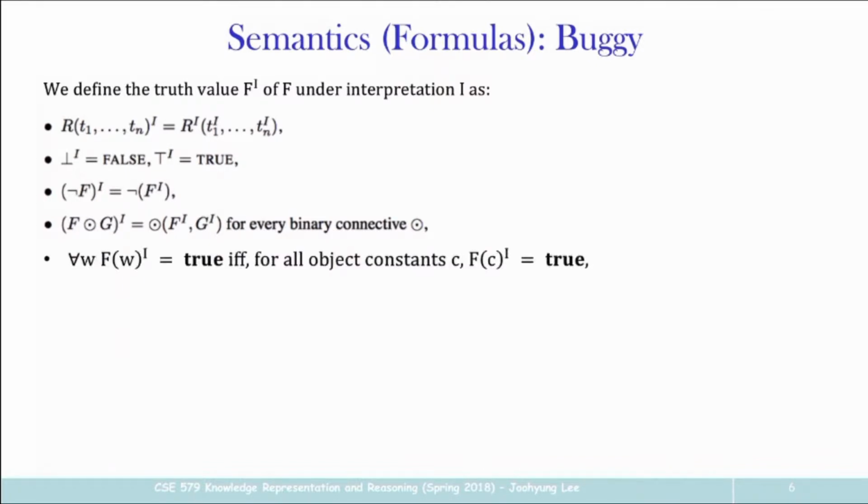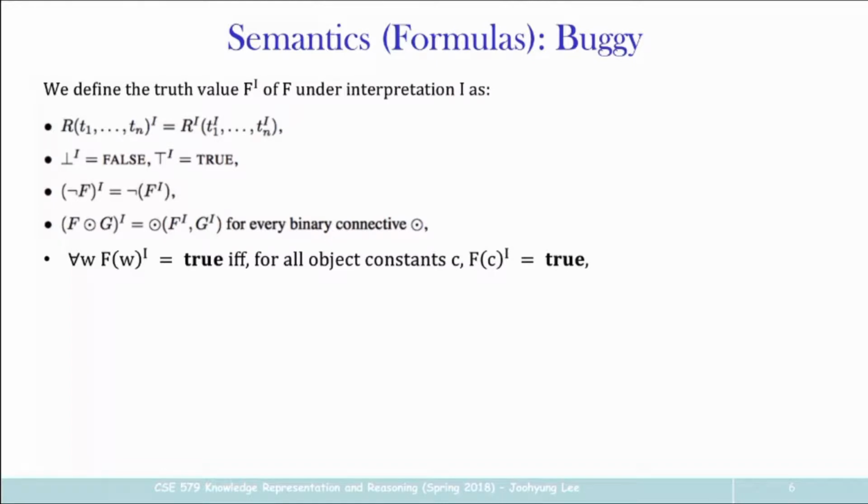Now, the new component is the quantification. So for all w, f of w. Here I use w to represent that w is a free variable. Now we have the for all quantification, so then there is no free variable.